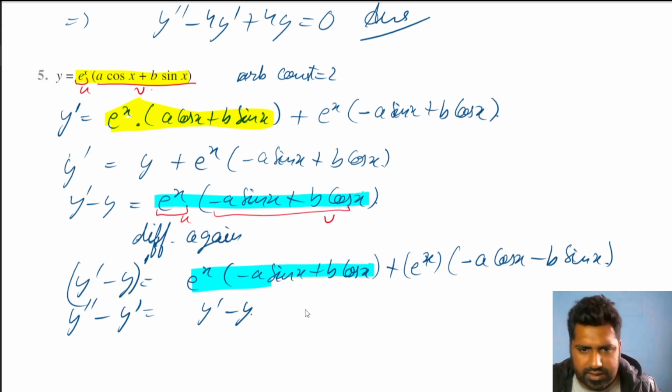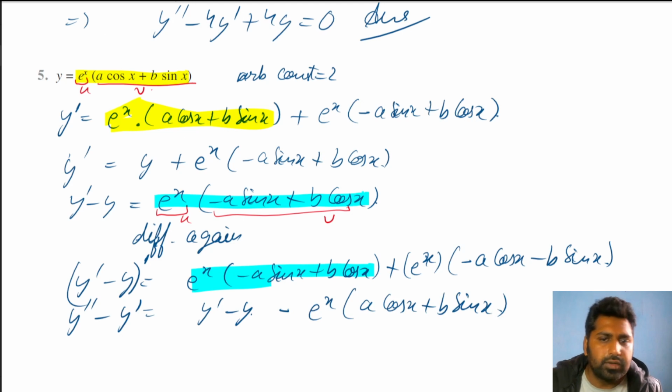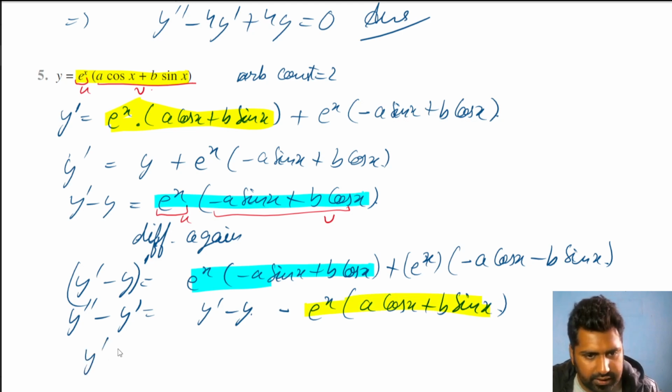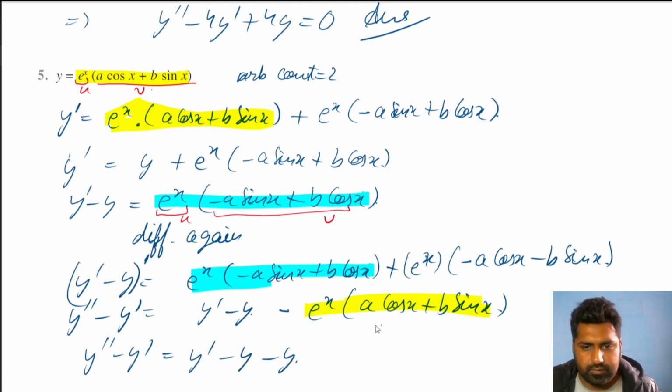What about this? This is not matching with anything, so let's take negative e raised to power x common, minus e raised to power x, a cos x plus b sin x. And now you see this was the same expression y, so let's remove that also. Y double dash minus y dash is equal to y dash minus y minus y. This was y, no?